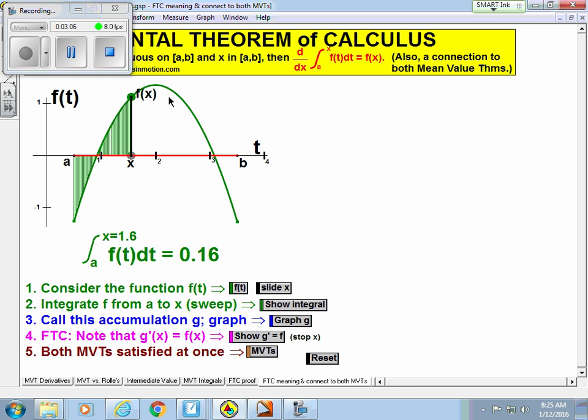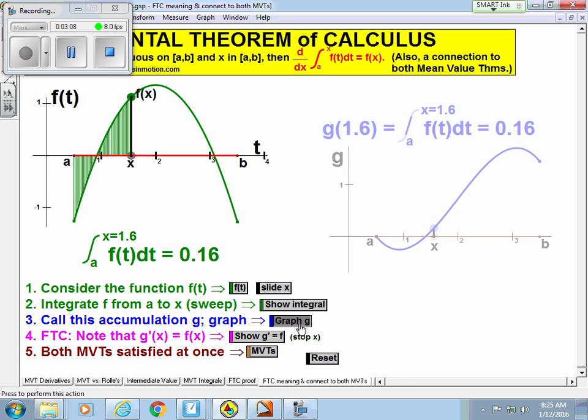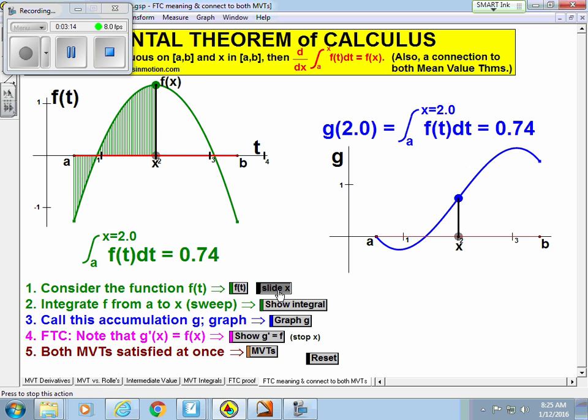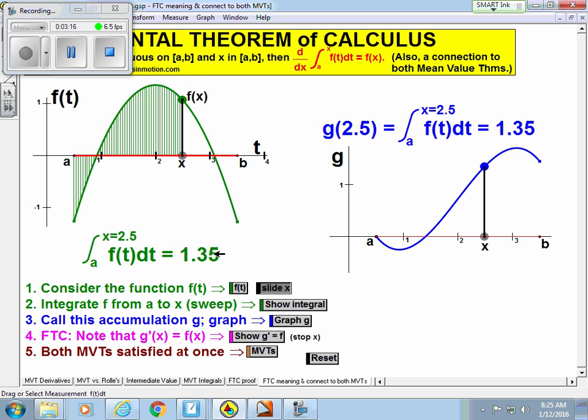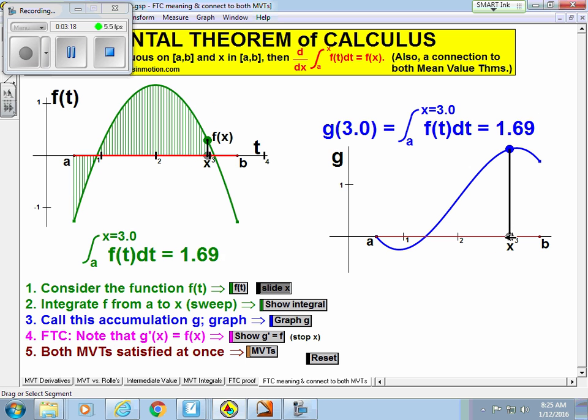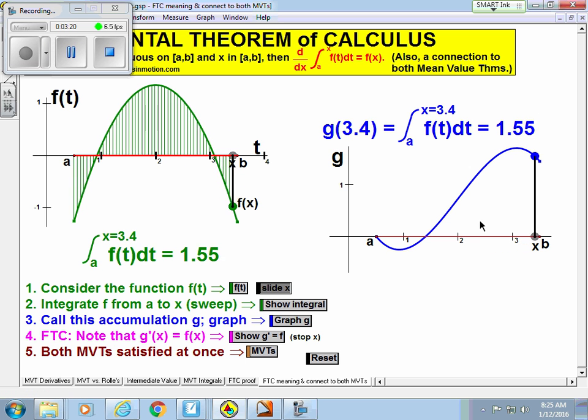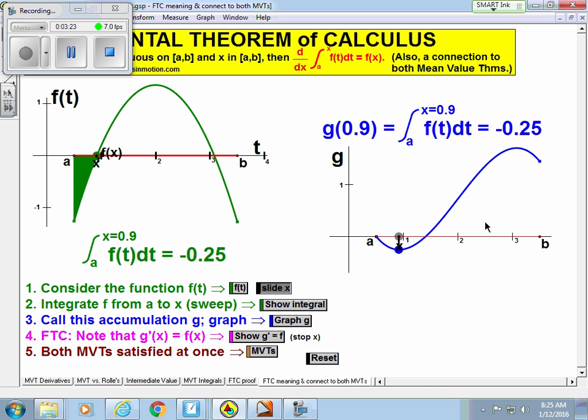And so that is a different graph. I'm going to call it G. You see how the green is calculating the integral, and this is just plotting that. Everyone see that? For whatever weird reason I want to do that, that's what I've got going.